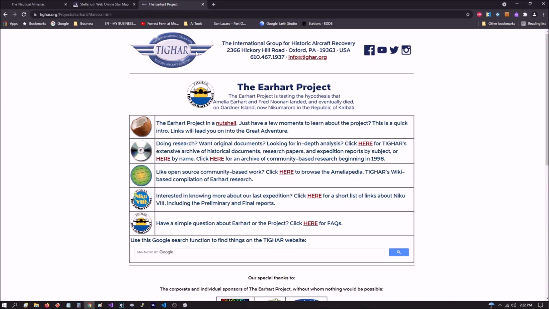These are the guys here that do basically track all the research on Amelia Earhart. Okay, TIGHAR. This is the group that Mike Cameron had helped, and he always had a flight ready to go if anybody spotted where they thought the plane was. He's passed away now.